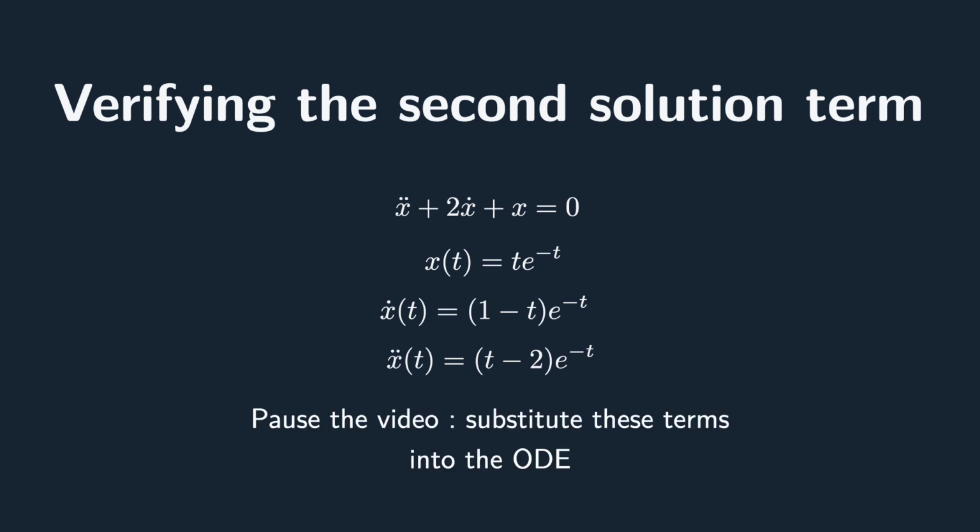You may want to pause the video here and substitute x, x dot, and x double dot into the ODE. If you do that, the terms cancel and the expression becomes 0. So, t times e to the minus t satisfies the ODE.